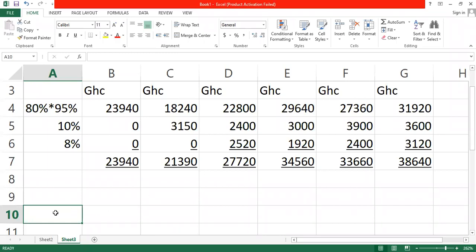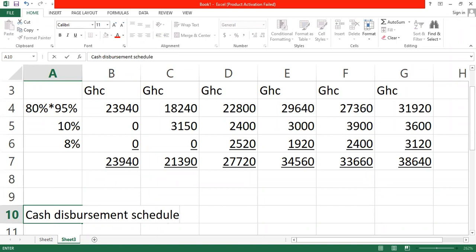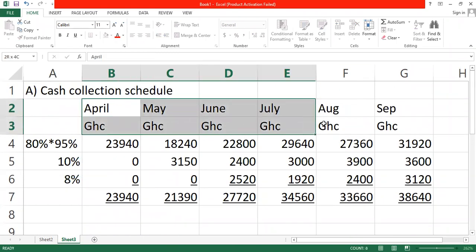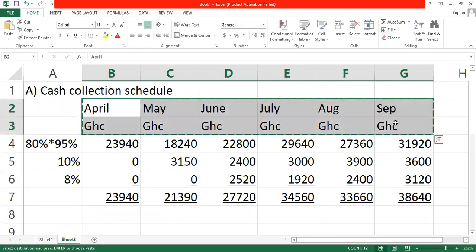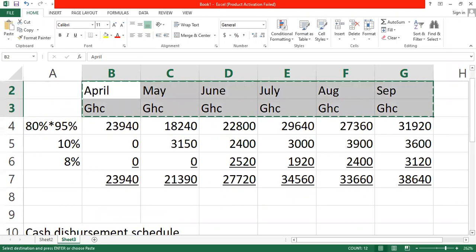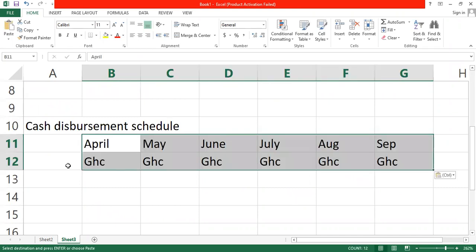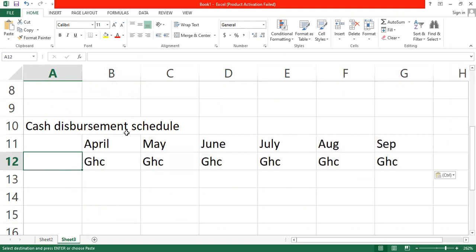So let's go to the cash disbursement schedule. Okay. So cash disbursement schedule just means payment to our suppliers, isn't it?